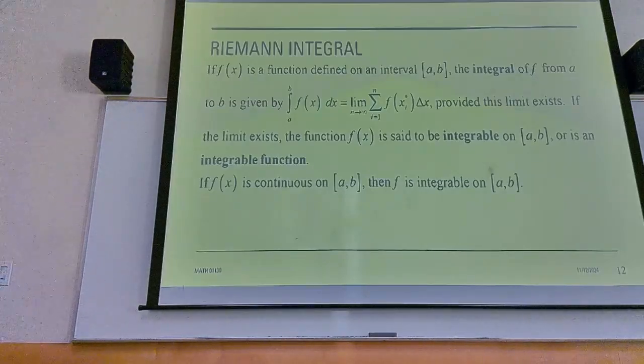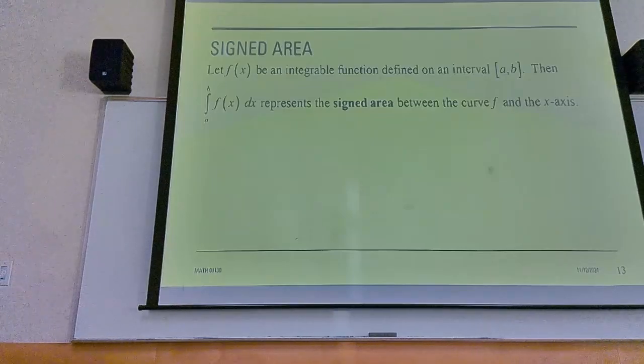Well, that means that if f is positive, then the Riemann integral is just the area between the curve and the x-axis. What if f is not positive? Well, then it's just a signed area. So the integral actually represents a signed area between the curve of f and the x-axis.